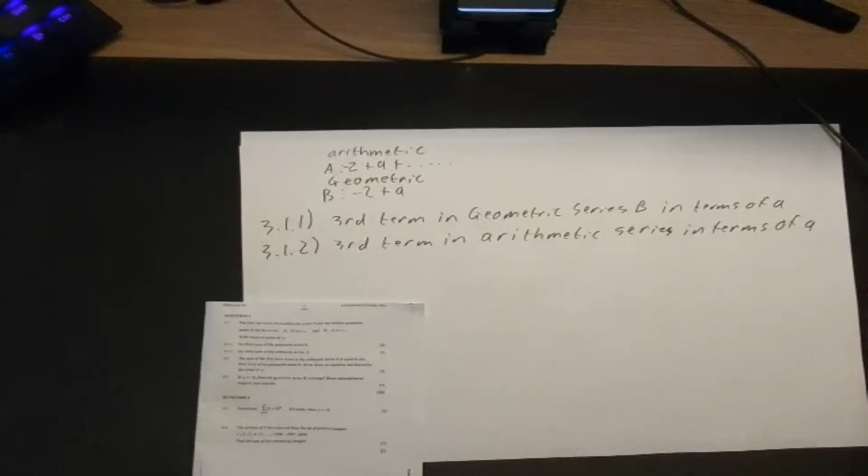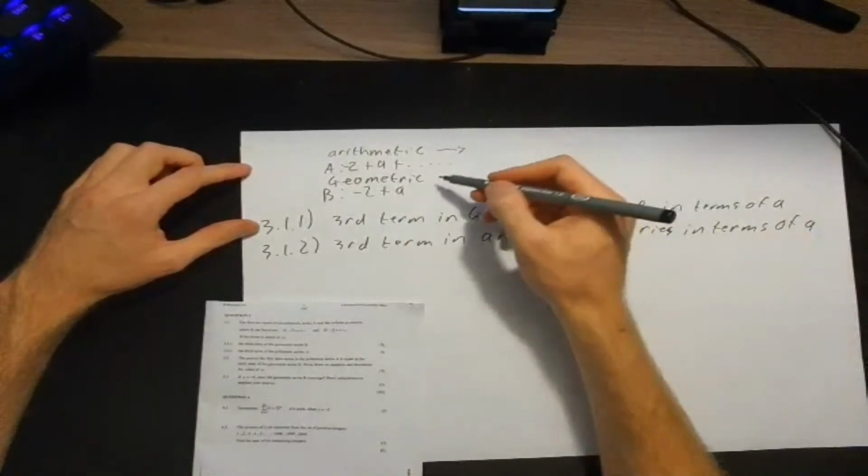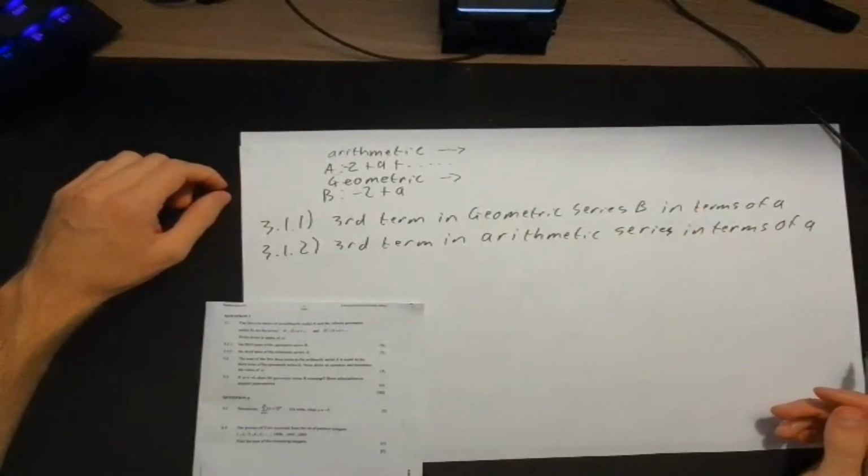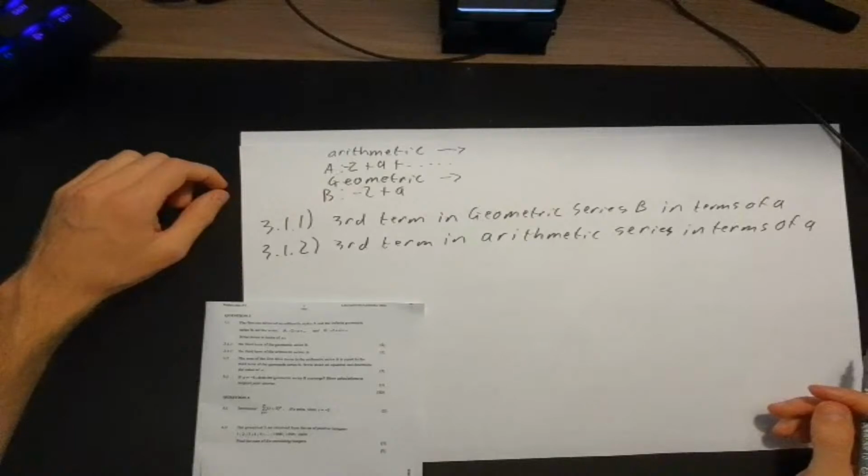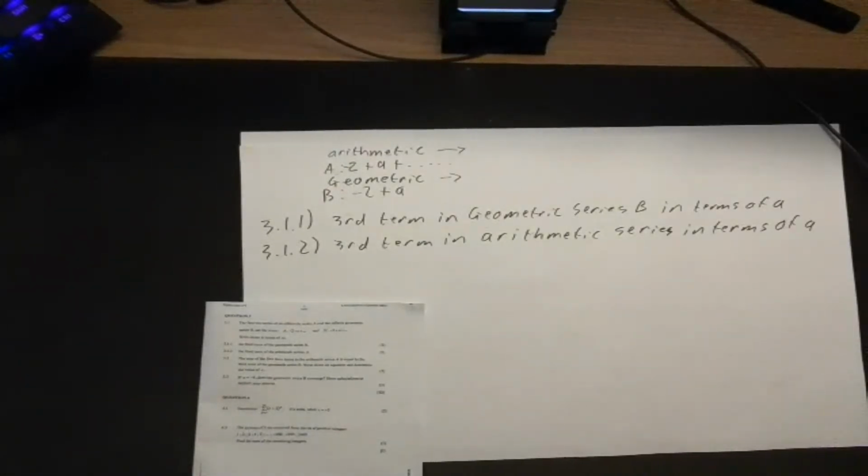Both of them are for 2 marks, so it shouldn't be too difficult to figure out. The key thing is knowing what arithmetic means and what geometric means. Give a few more minutes on that, and then we can have a look at it.